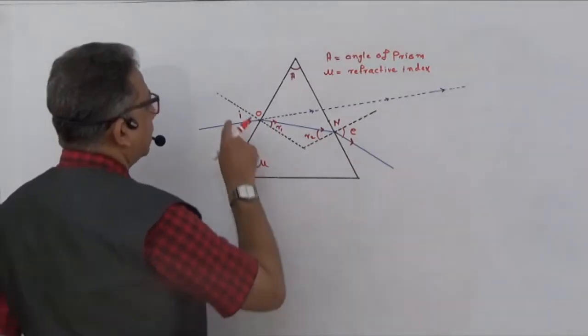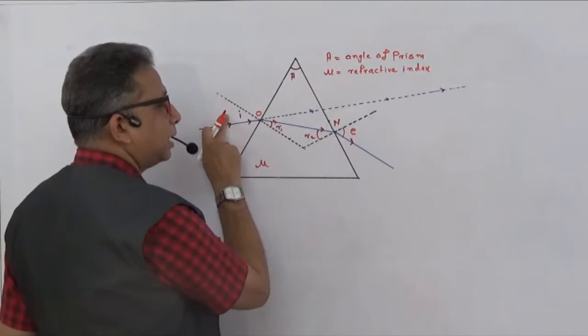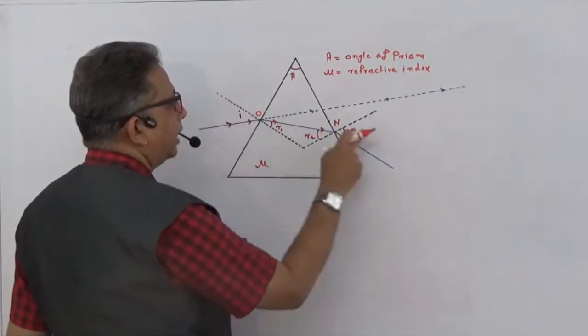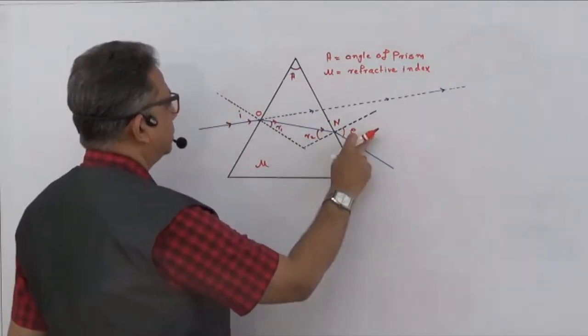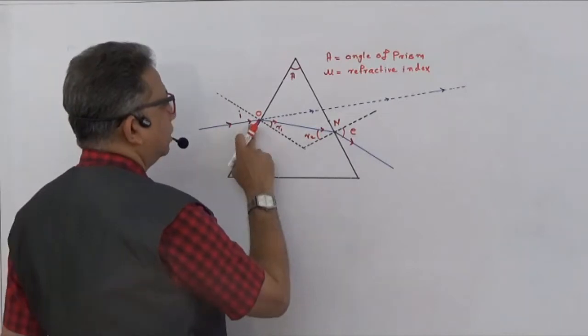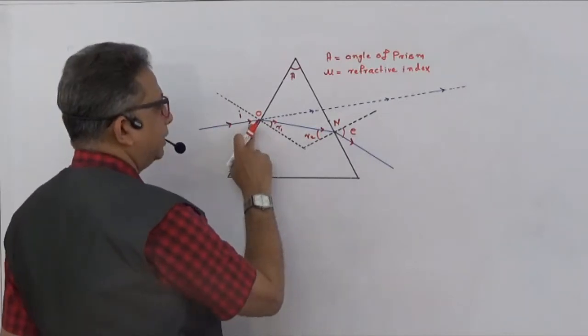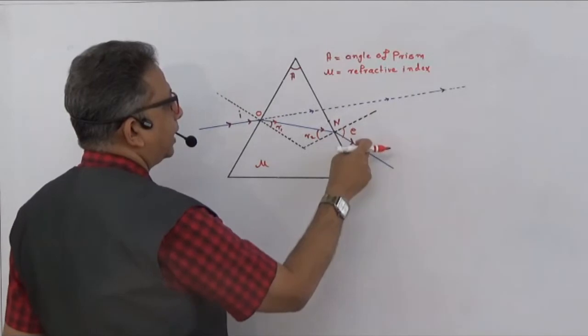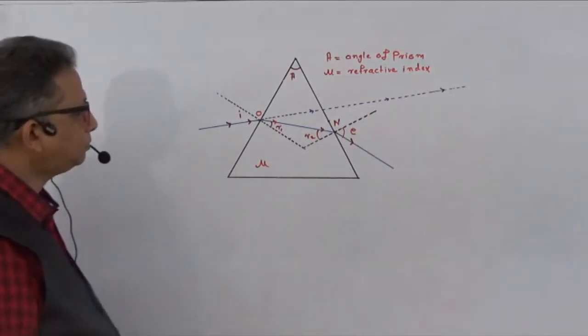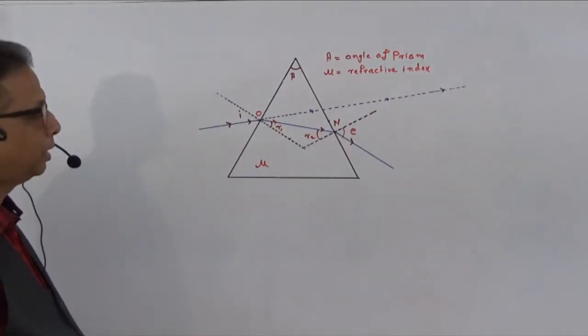These are the angles we have to take. This is the angle of incidence, and this is the angle of emergence, which means a ray striking here at this angle ultimately comes out at an angle of emergence E.